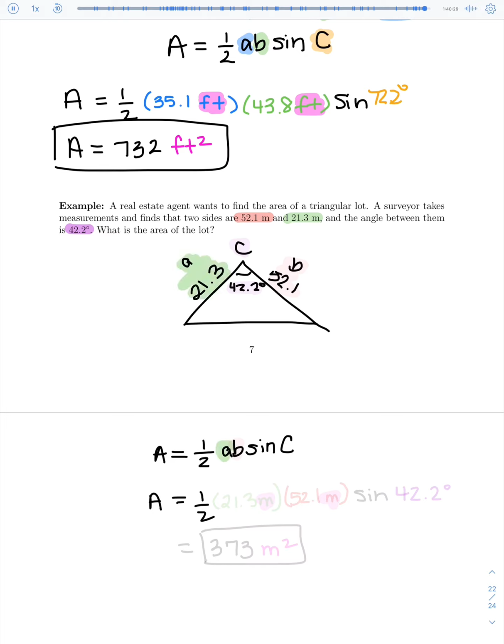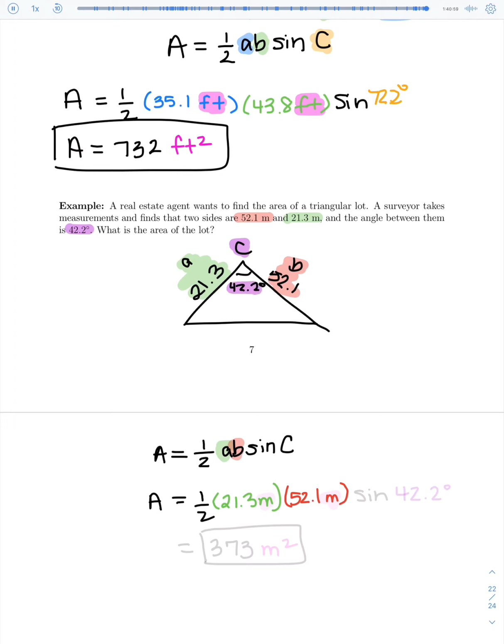So we've got our A is 21.3, and again, I'm going to include the units just so I don't forget them later on. 21.3 meters times, now we've got side B, which we called the 52.1 meters. So we can go ahead and fill that one in, the 52.1 meters. And let's see. Now our angle in the middle, angle C, was going to be our 42.2.